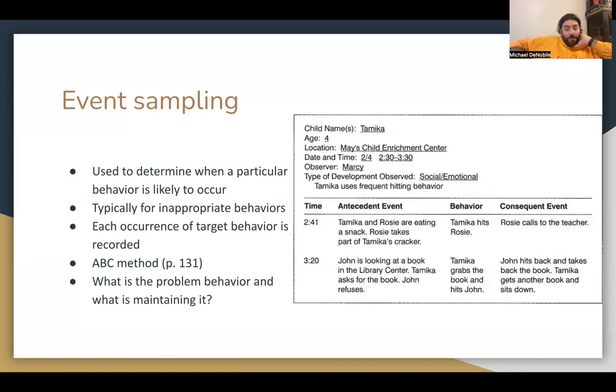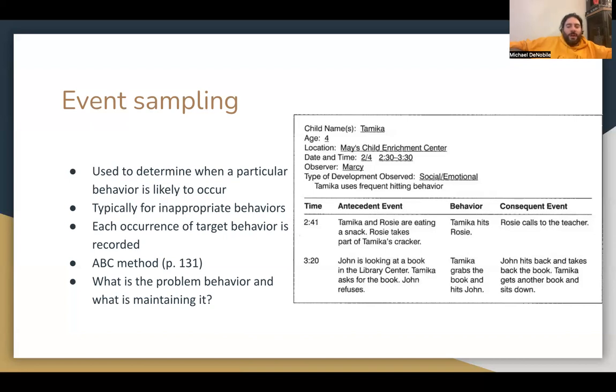Rosie takes part of Tamika's cracker. Rosie should not have done that, but that does not justify Tamika hitting Rosie. When Tamika hits Rosie, Rosie calls the teacher, and who gets in trouble? Tamika. Tamika gets in trouble because she hit her, even though Rosie was the one who stole a piece of Tamika's cracker.